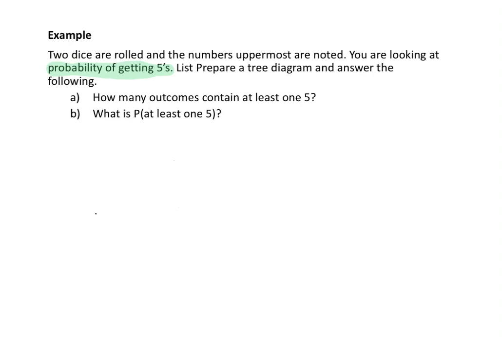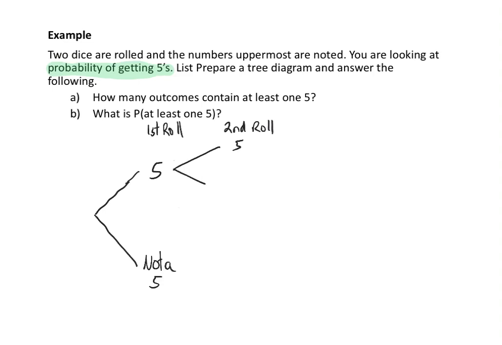So when I roll the dice the first time, I have a probability of receiving a 5 or not receiving a 5. That's on my first roll. And then on my second roll, again, I've got a probability of receiving a 5 or not a 5.